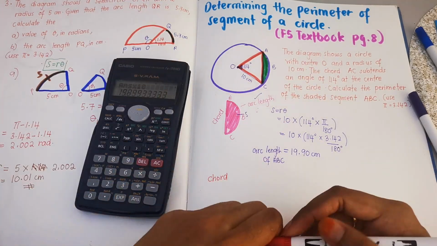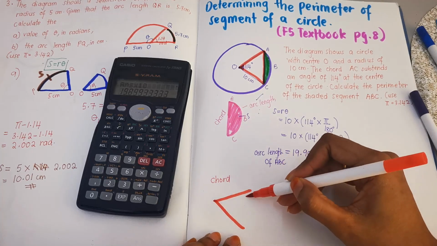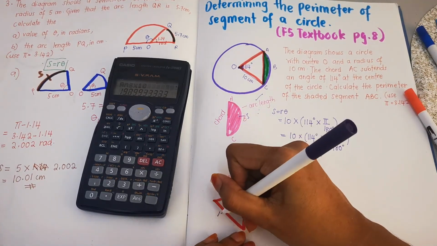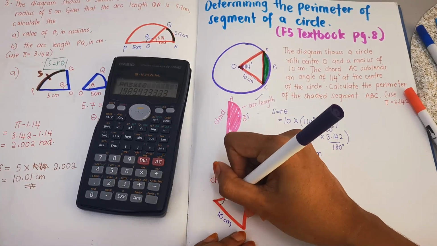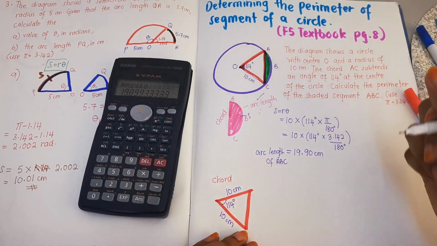We learned two rules. So let me show you. If this is our triangle, here we have 10 centimeter. Here in the middle is 114 degrees.